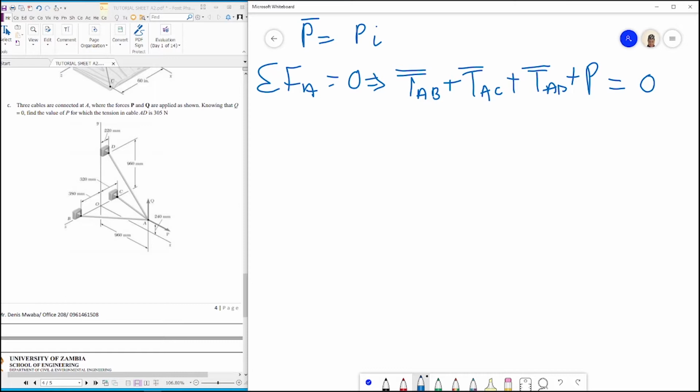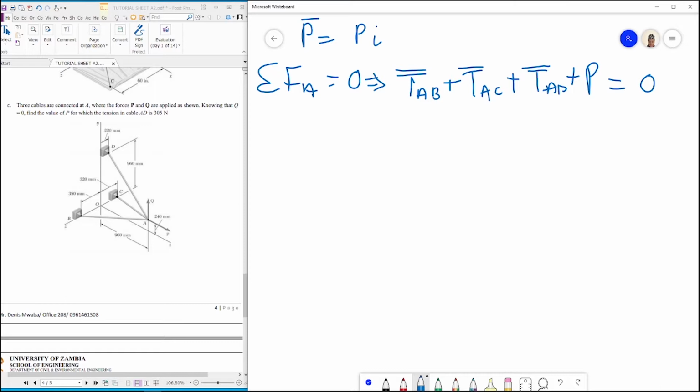With this in mind, we'll need to express TAB, TAC, TAD in Cartesian vector form. Then we'll be able to calculate and get what we actually need.